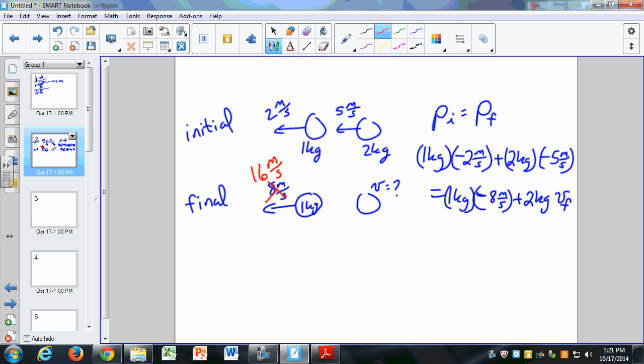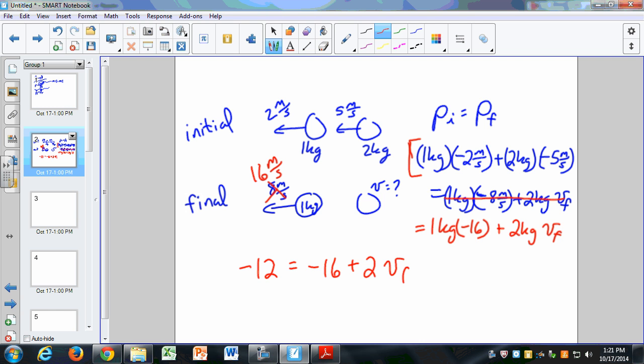That's going to change my final here. It will be 1 kilogram times negative 16, plus 2 times VF. And then if I solve this for VF, taking this left-hand side, I get negative 12 equals negative 16 plus 2 times VF.